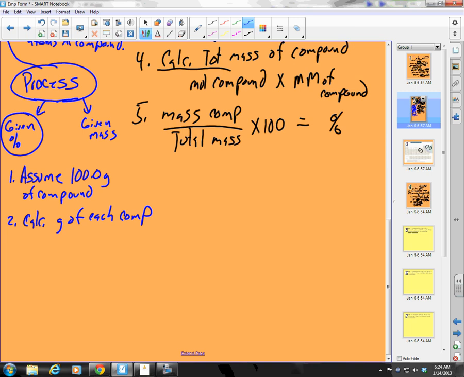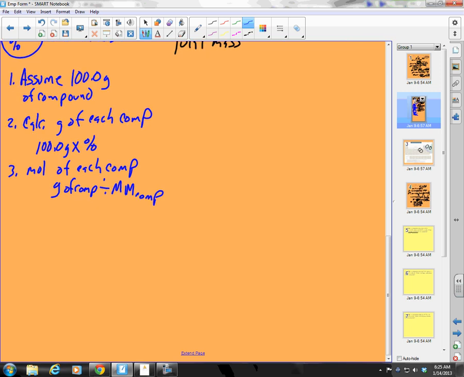That's easy. How? We're going to take 100 grams times the percent, right? Good. 3. Once I have the grams of each component, I want moles of each component. And how am I going to do that? I'm going to take the grams of my component and divide by what? The molar mass of the component. Cool. That's easy. We're great at that.